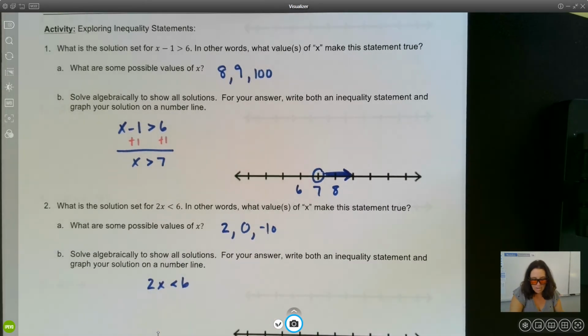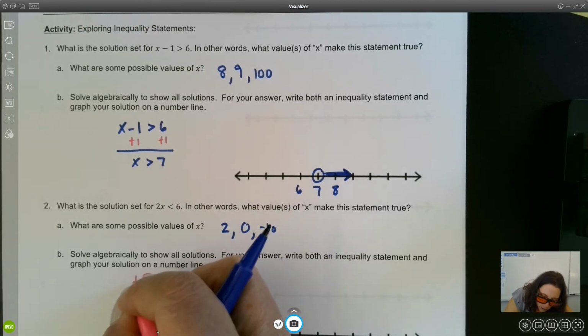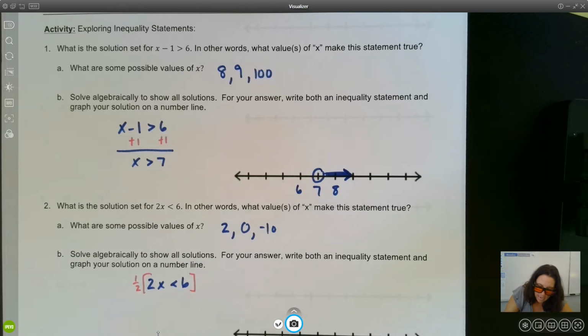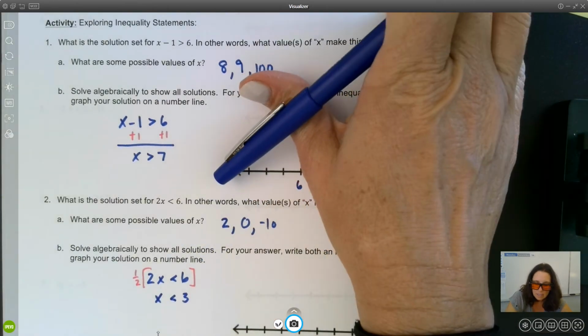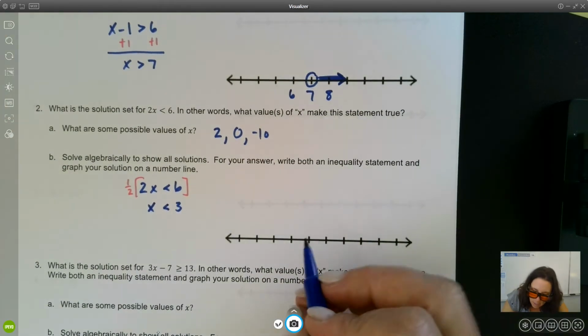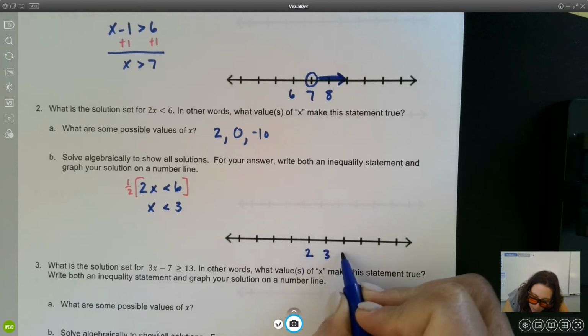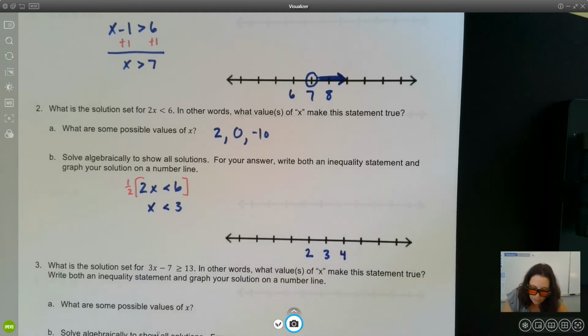Okay, we would divide by 2 or multiply by a half. Doesn't matter which way you go. If I take half of 2x, I've got my plain old 1x is less than half of 6, which is 3. Okay, so my answer is going to be, I want a number to the left of it, and I want a number to the right of it.